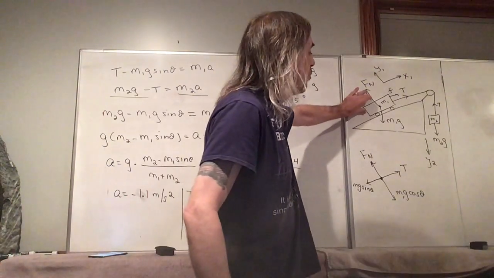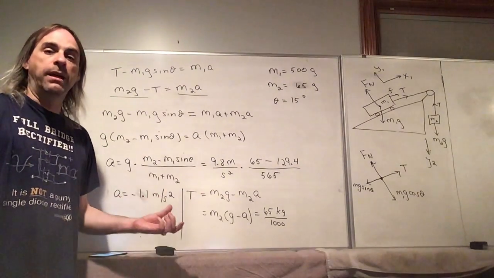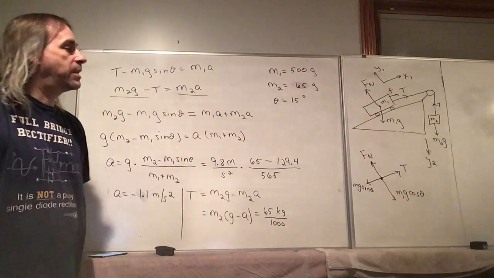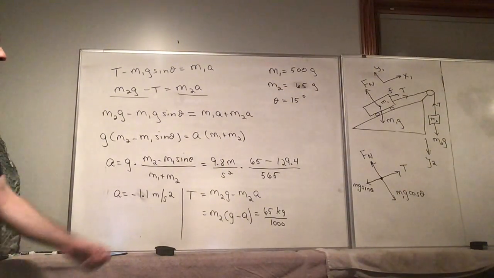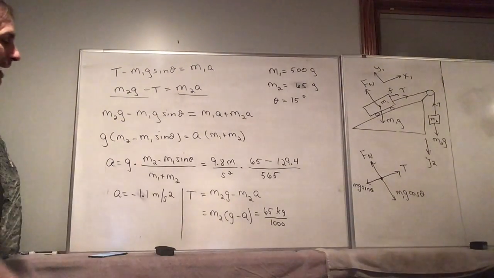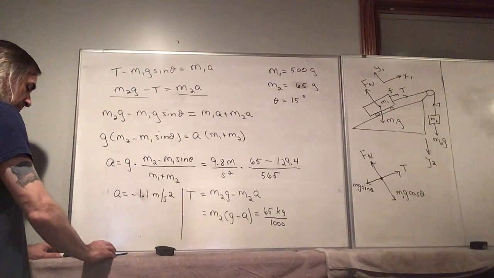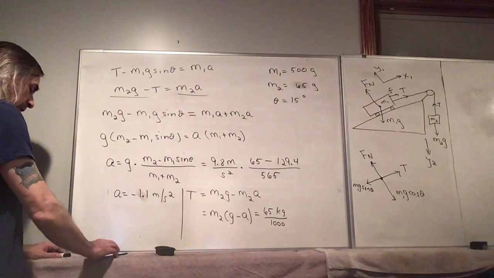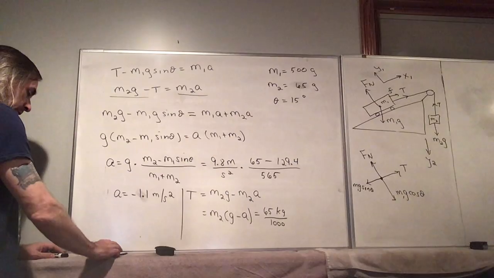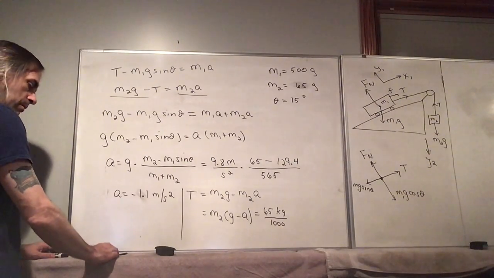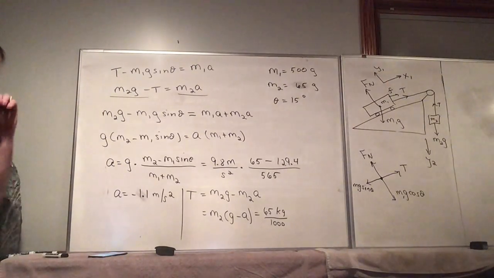If we just held this in place, the tension would be equal to M2G, like if that mass was just hanging there. But we're lifting it up, so we should expect the tension to be greater than that. And so we'd have M2 times G minus A, and we'd want to include that negative sign. So we have 9.8 plus 1.1, or minus negative 1.1.